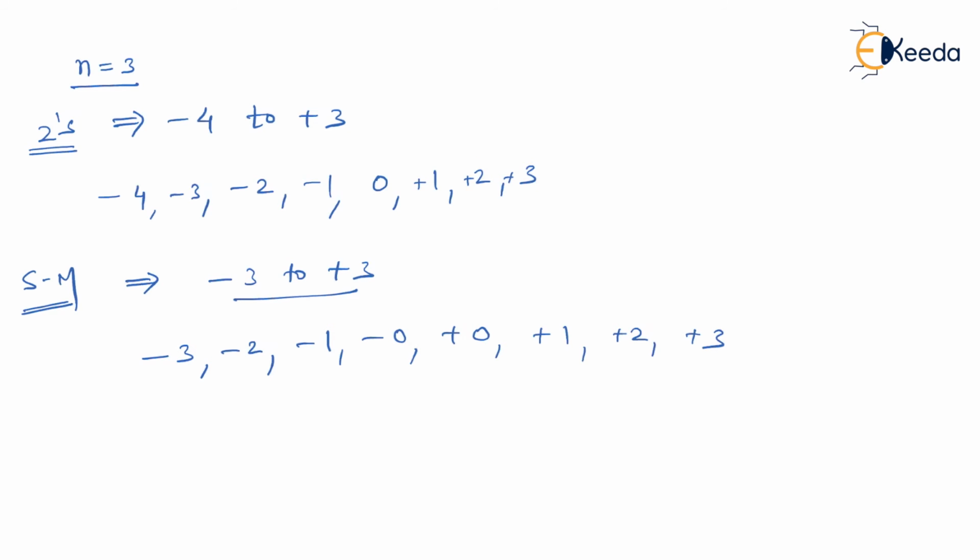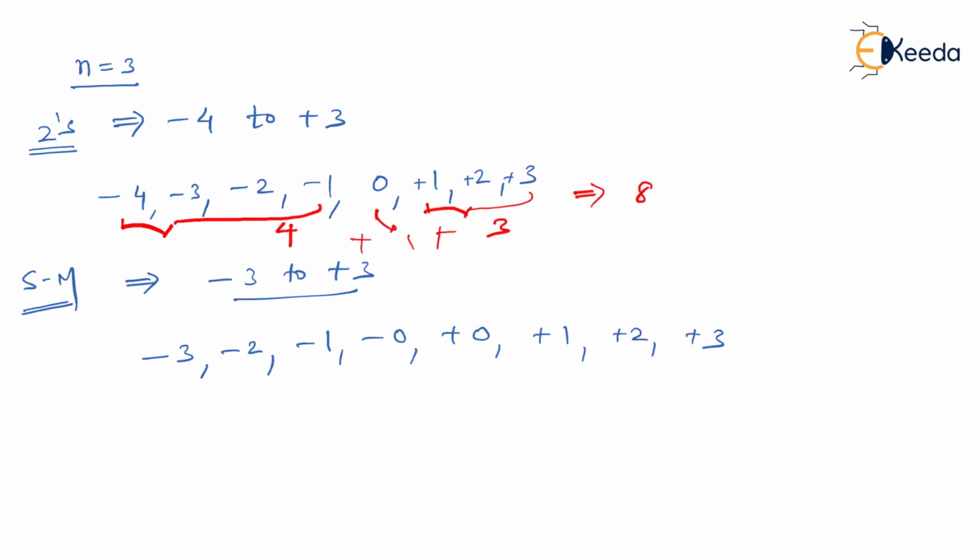Now let's count these digits. In 2's complement, we have four negative numbers, then let us not include 0 but count 1, 2, 3, how many, 3, and plus the extra digit 0. So overall, 4 plus 1 is 5, and 5 plus 3 is 8.